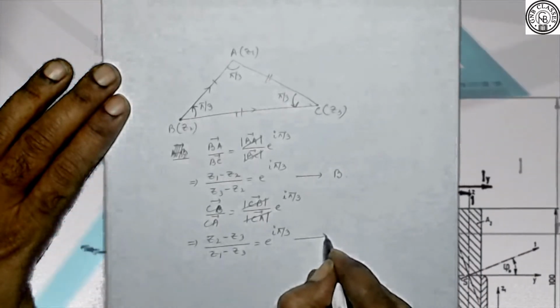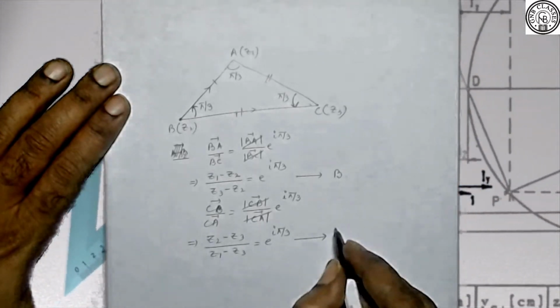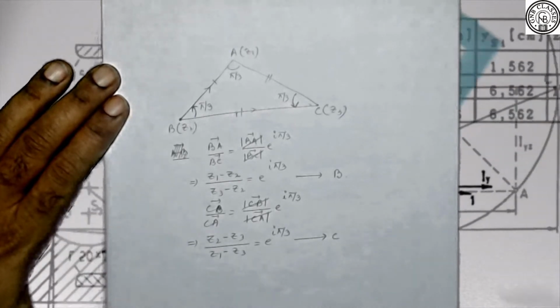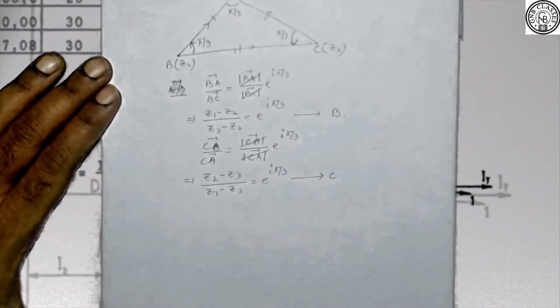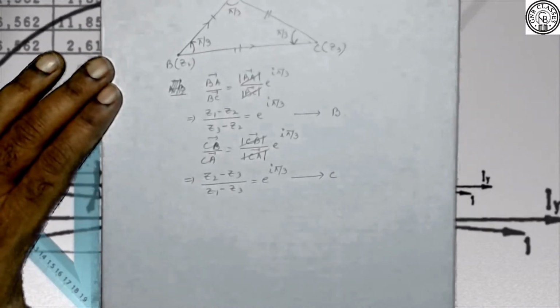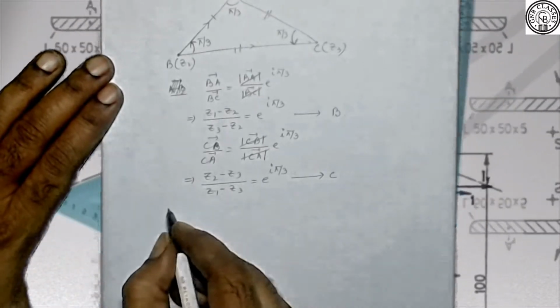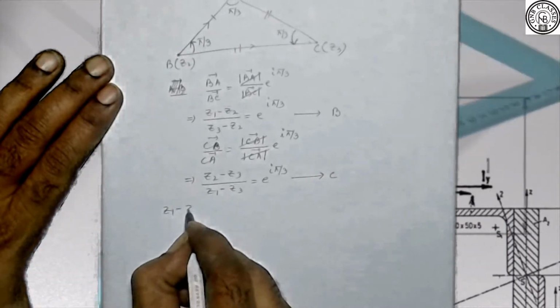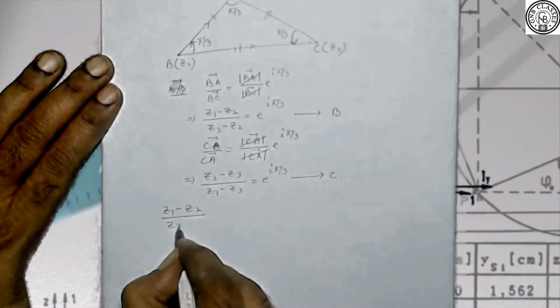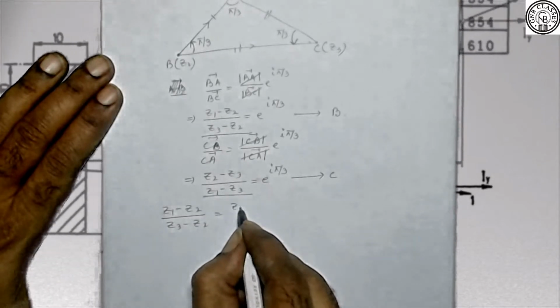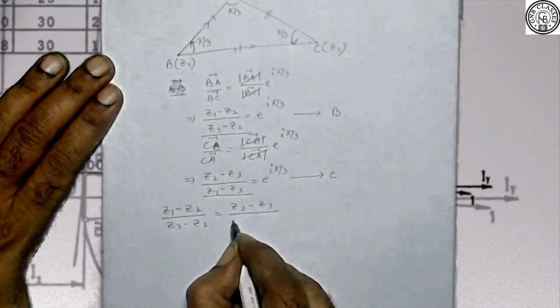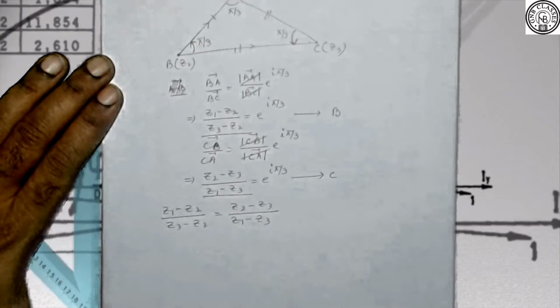I have applied the rotation theorem at point C. Now, since both are equal to e to the power iota pi by 3, I can equate them, so I can say that Z1 minus Z2 by Z3 minus Z2 will be equal to Z2 minus Z3 by Z1 minus Z3. Am I correct or not?